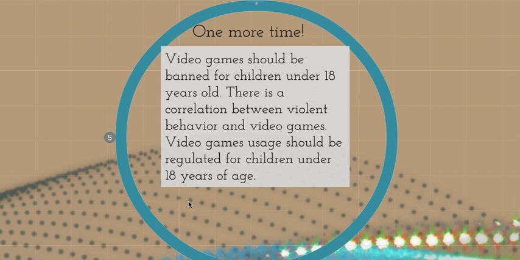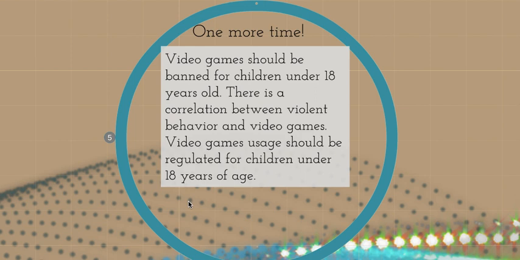Number 1, it's about video games and the correlation between violent behavior and video games, that video games should be banned. So, topic: video games and their correlation to violent behavior and the banning of video games. The author's perspective or attitude is that video games should be banned. They are in agreement with this idea.